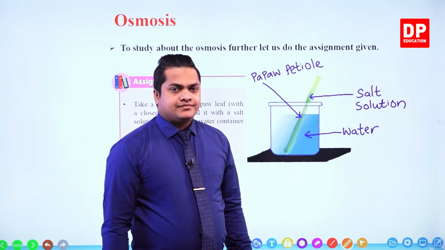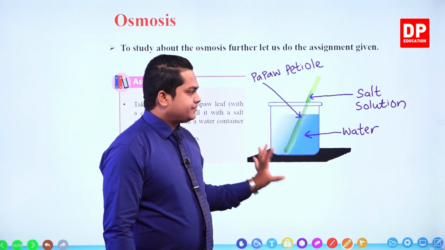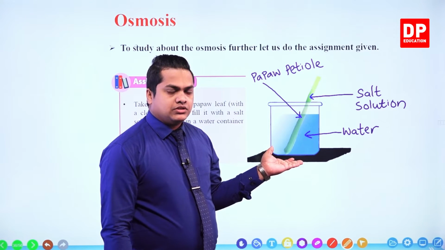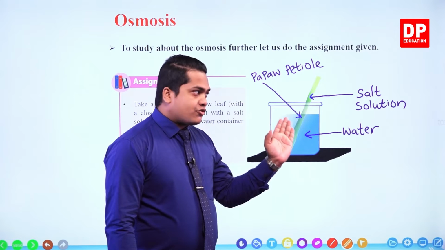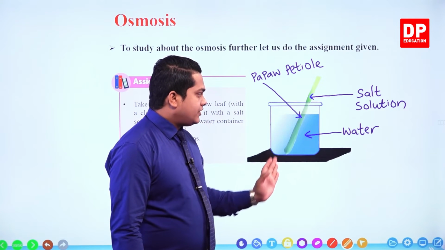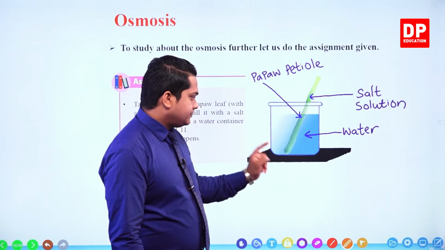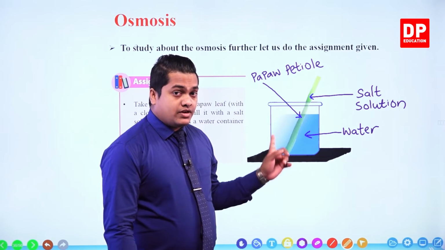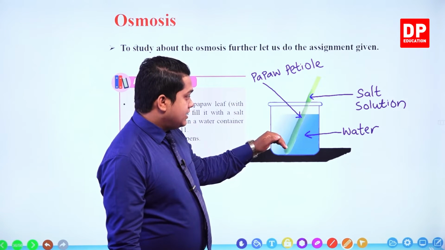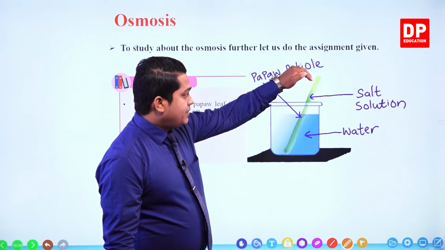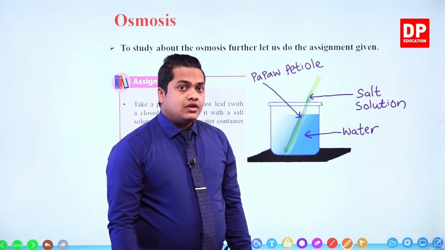Because there is salt. However, the concentration of water is very high in the beaker, as there is only water. So automatically, water within the beaker will travel towards the petiole of the papaw through the cell membranes over here. So after some time, my dear children, definitely the water level should rise up through the petiole and it should pour out from the petiole.